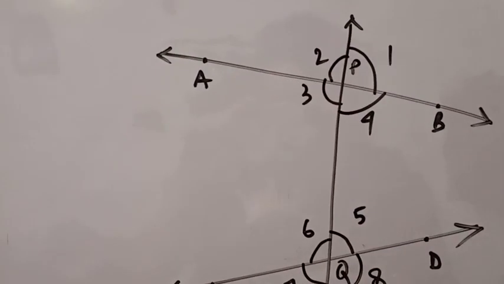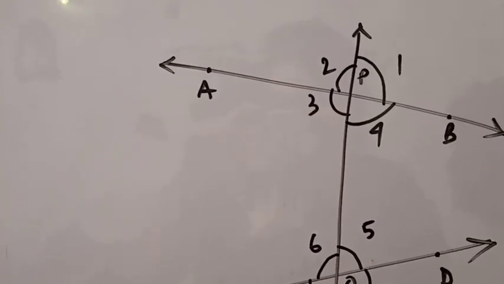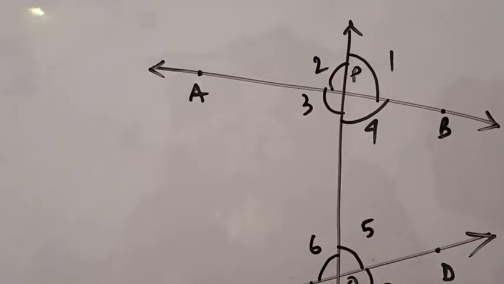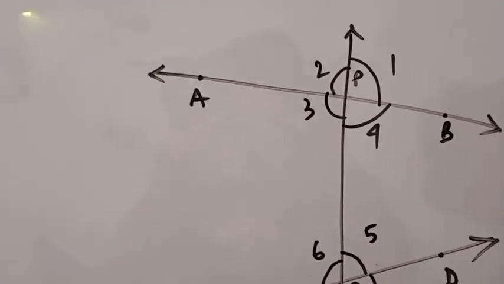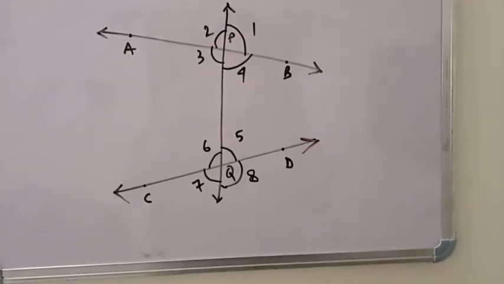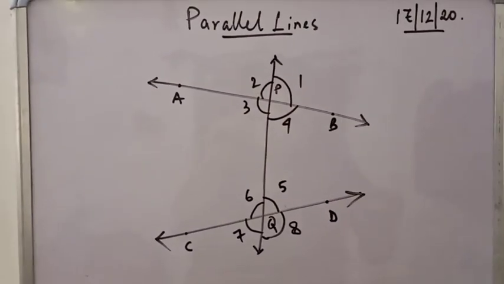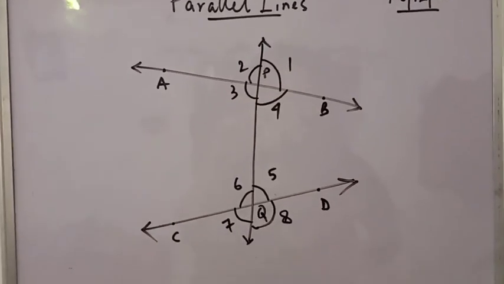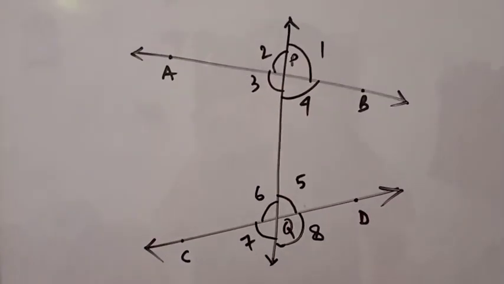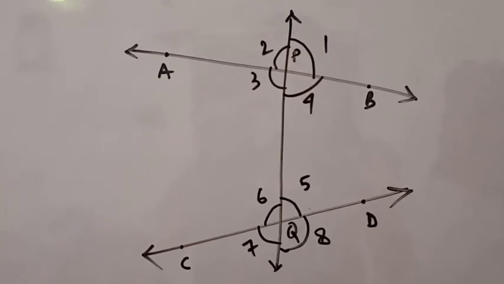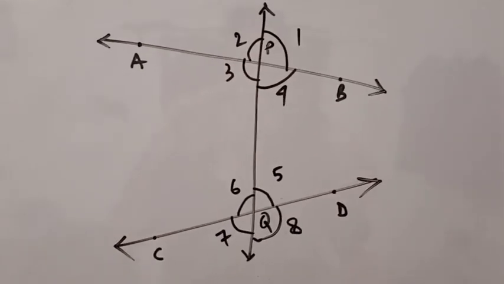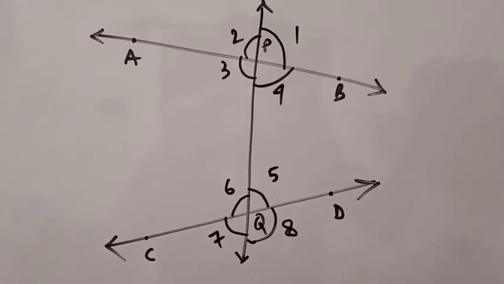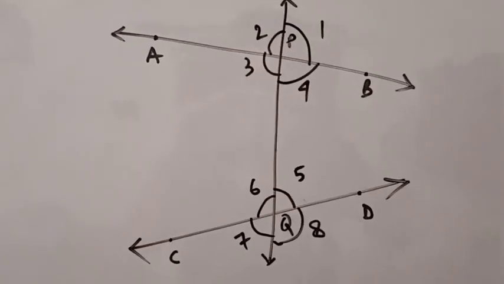Now we are introducing different types of angles: interior angles, co-interior angles, exterior angles, alternate angles, corresponding angles. Now one by one I will show you which one is interior, which one is corresponding, which one is alternate. See properly, this is a very important part in your class, up to class 11-12.